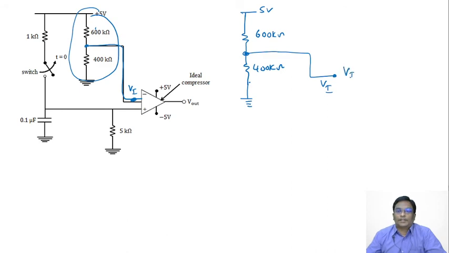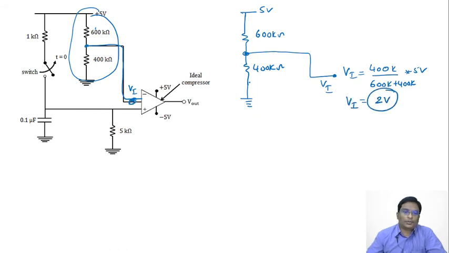Then can you please tell me what is the inverting voltage here? Voltage division rule, 400k divided by total resistance, 600k plus 400k, into total voltage 5. This is 4 by 10 into 5, 20 by 10. This is 2 volts. You got 2 volts. The inverting voltage we got here as 2 volts.